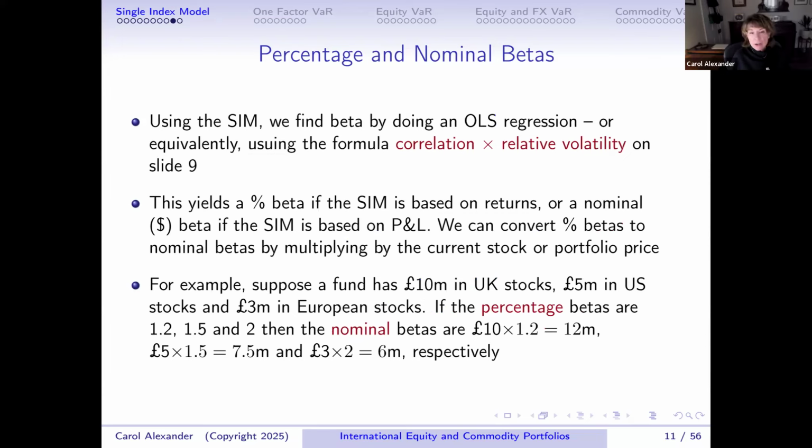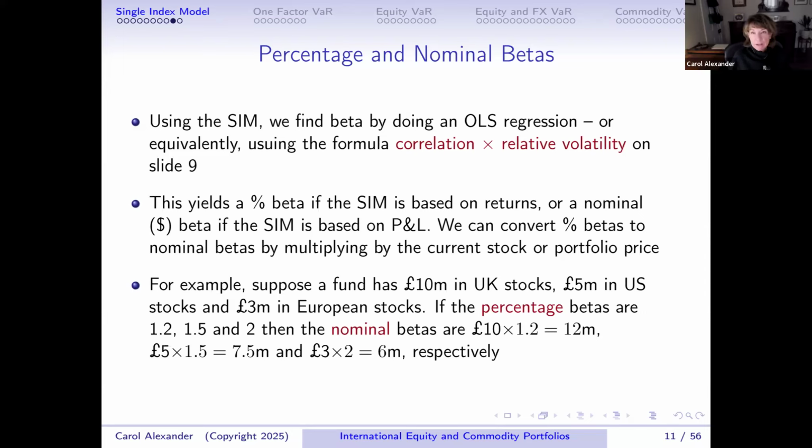So if we're doing a regression on returns, we'll get percentage beta. If we do regression on P&L, we'll get a nominal beta. But we can go from one to the other, so we can convert, for example, a percentage beta to a nominal beta by multiplying by the current stock or portfolio price.